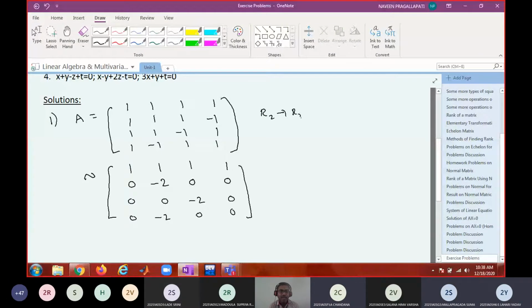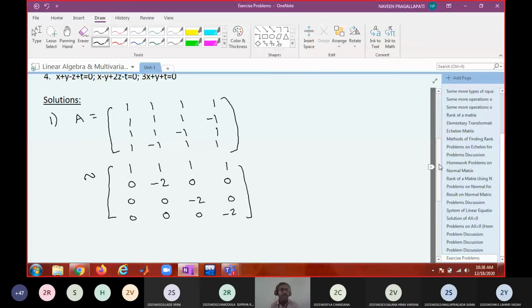The minus 2 is in the last column, sir. Last row 0 0 0. Okay, so that is the final answer you are telling. I agree, so there are some steps in between. So this will be the final form of the echelon matrix.